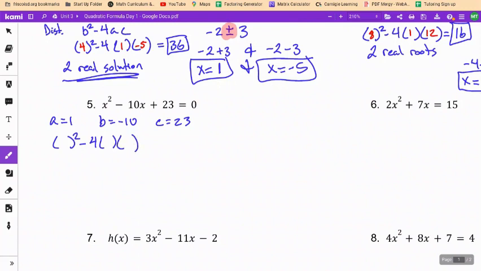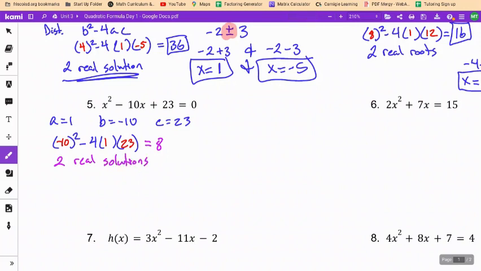I'll still substitute negative 10, 1, 23. When I plug that into my calculator, I get an answer of 8. And then this is where I'm going to kind of separate. So this tells me, again, two real solutions.